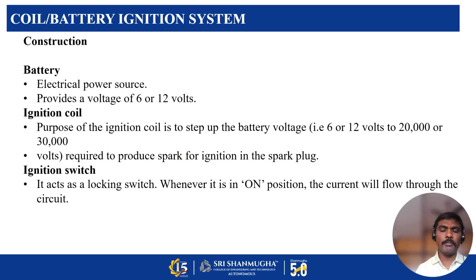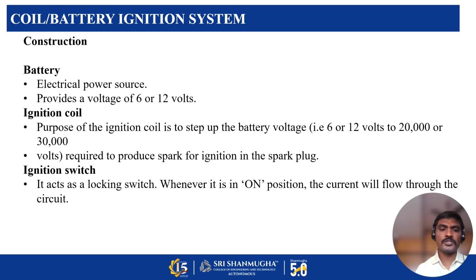Battery: the electrical power source provides a voltage of 6 or 12 volt. Ignition coil: the purpose of the ignition coil is to step up the battery voltage of 6 or 12 volt to 20,000 or 30,000 volt required to produce spark for ignition in the spark plug.